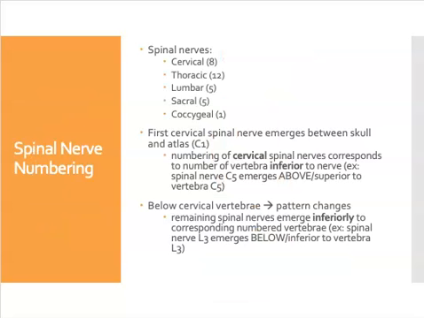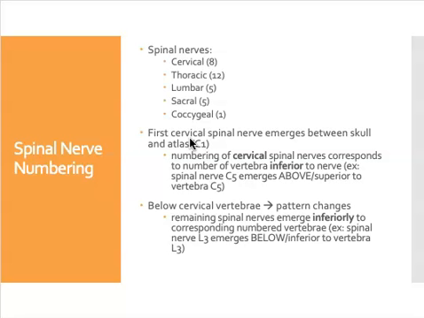So let's talk about how we number these spinal nerves. It's not exactly the same all the way down the vertebral column. Remember, we said there are 8 pairs of cervical spinal nerves, even though there are only 7 cervical vertebrae. So the first pair of cervical spinal nerves emerges from between the skull and the first cervical vertebra, or the atlas.